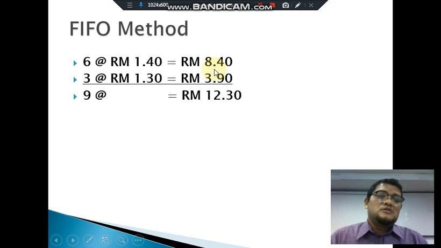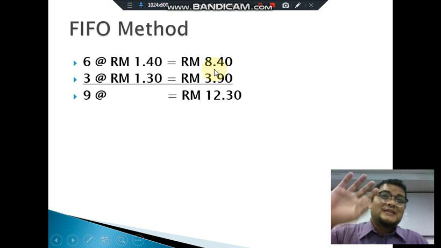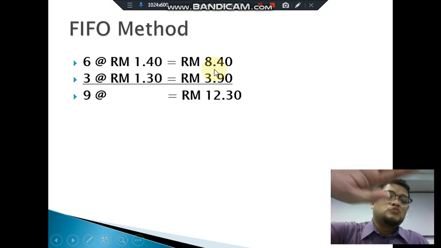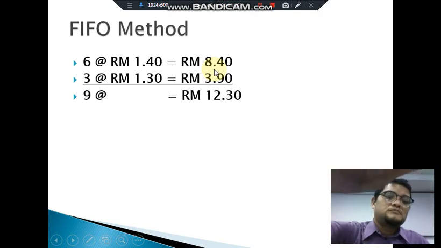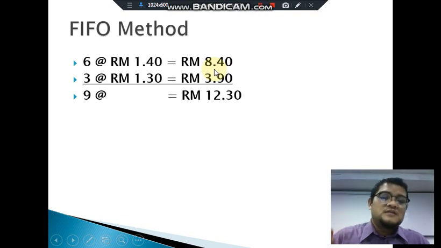If you don't use the rotation of stock, which is FIFO, first in first out, the items that you put first and don't use will spoil and expire. So it is very logical that people use the first in first out method, in which those which are put first in the store, you will use first. So that is the very logical method of valuing the inventory.